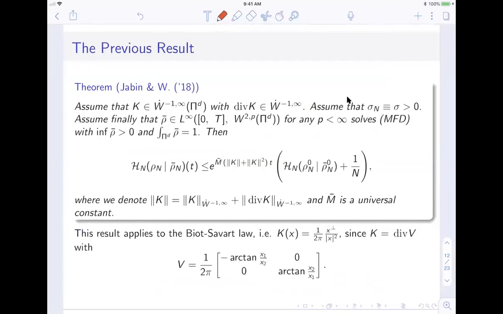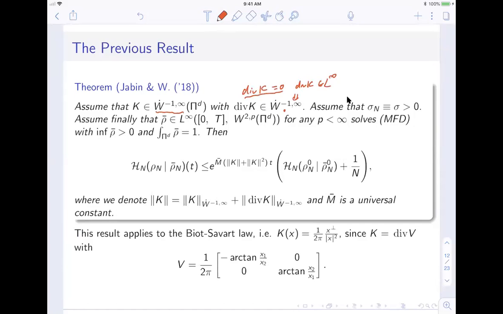In this result, K is in some negative Sobolev space, and we also have that the divergence of K is good. You can just think of this as 0, divergence free or divergence bounded, for simplicity. You can use the entropy analysis, but for simplicity you can just think this kernel is divergence free.